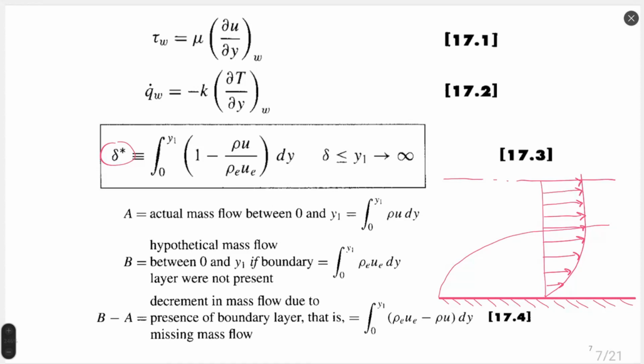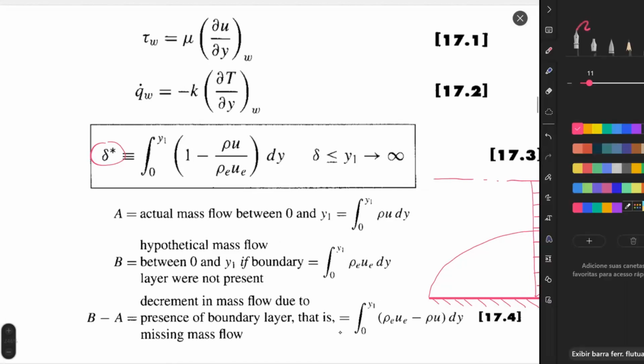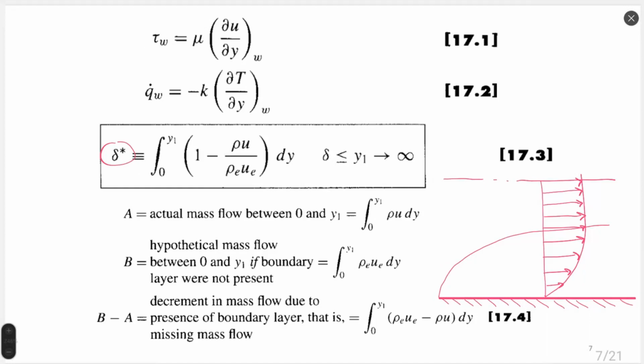So amount of mass which could pass without boundary layer is bigger. If I draw here by another color, calculation of mass flow rate without boundary layer, I would assume that my velocity would be constant everywhere, independently on the distance from the wall.